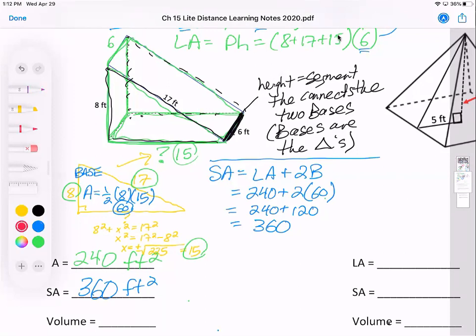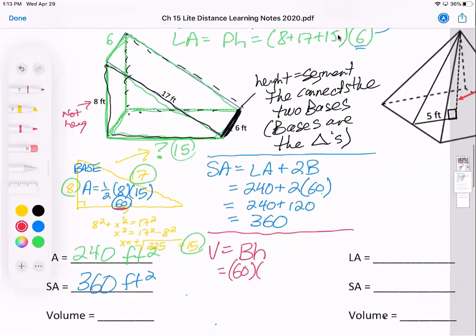And then lastly, my volume. The volume is the area of the base times the height of the prism. The area of the base we had was 60. The height of the prism is not 8, not the height of the prism.